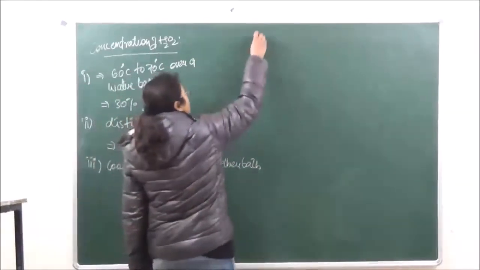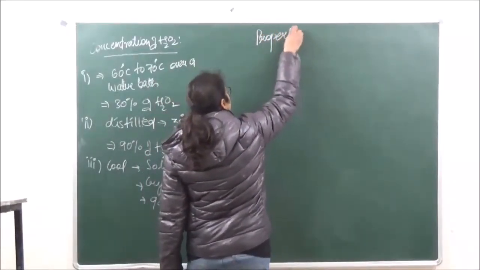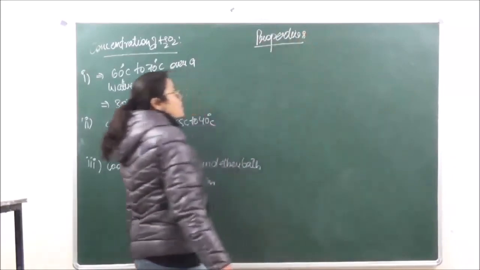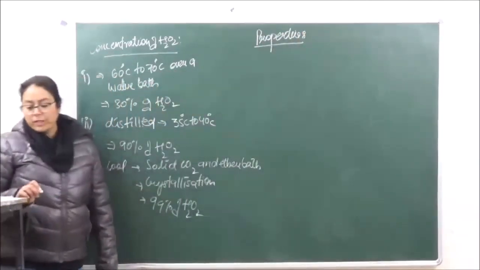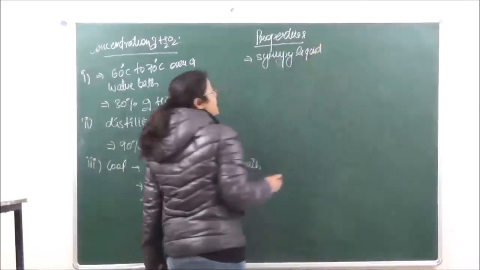Let's go on to the properties. Properties of H2O2. When we're doing the properties, it is a syrupy liquid, right? It is colorless.